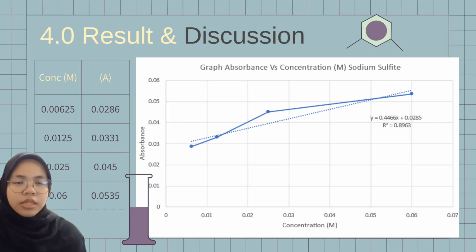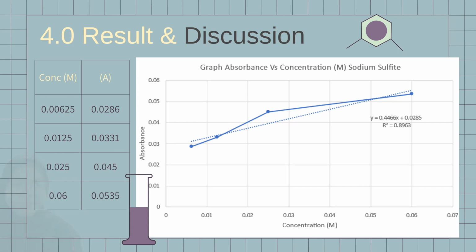As shown in the graph, the correlation coefficient value should be 0.95 and above, but we only achieved a correlation coefficient value of 0.8963. This is because there was an error during the experiment.